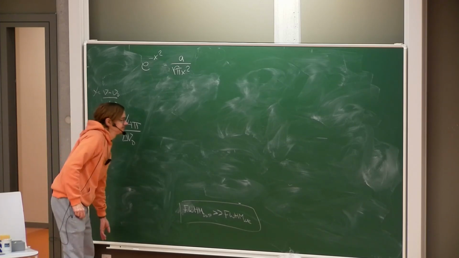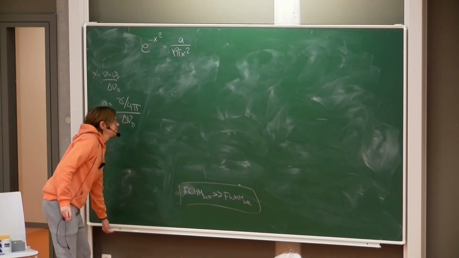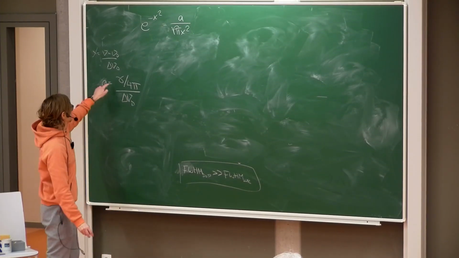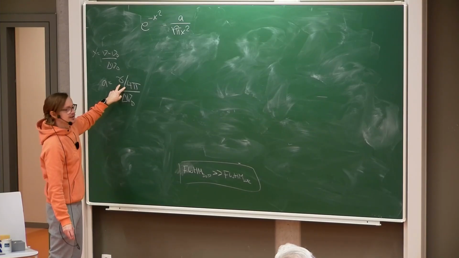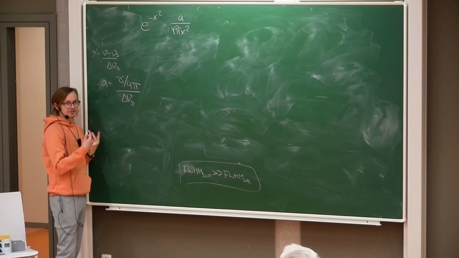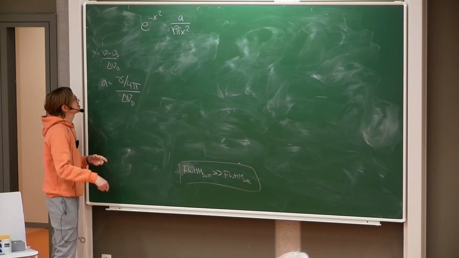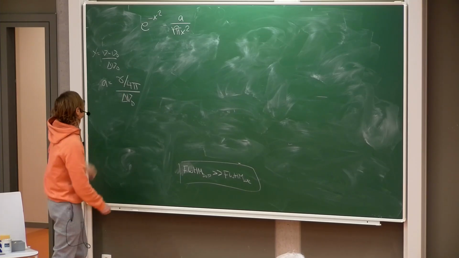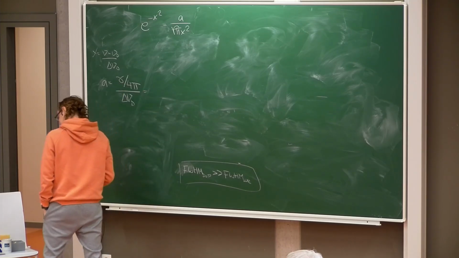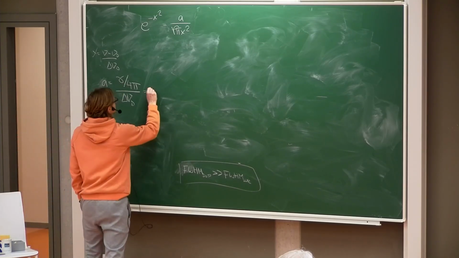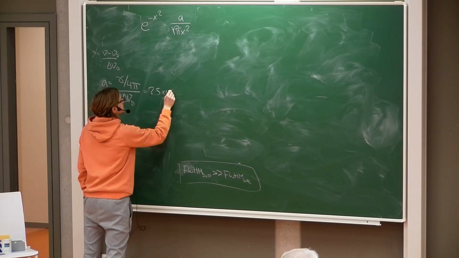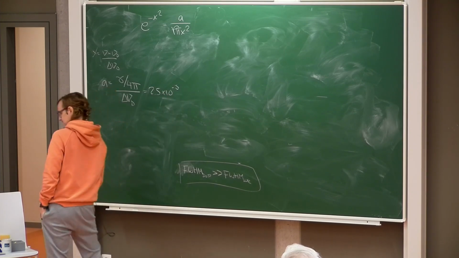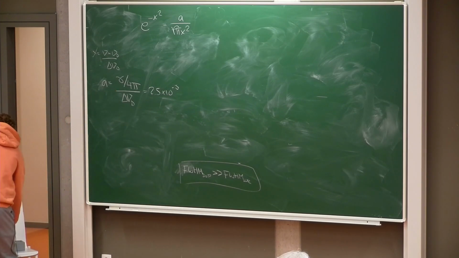It is 4 pi. Okay, but that was good because we already calculated these quantities, right? We calculated delta nu D for the Doppler, for the situation. We calculated gamma because it was the Einstein A coefficient. So we can just plug these values in now to get our value for a. And I did that, and it was 2.5 times 10 to the minus 3. So indeed very low. Okay?